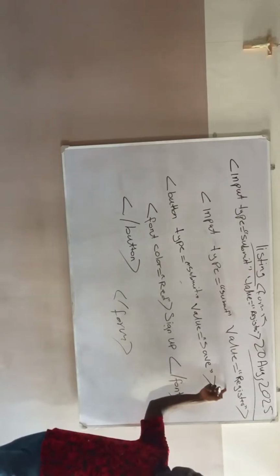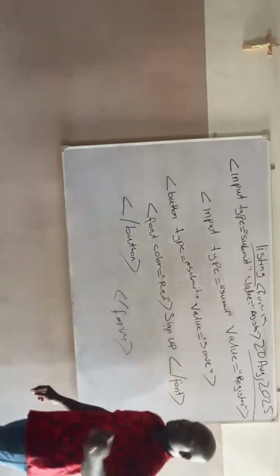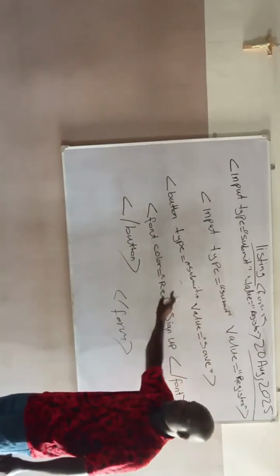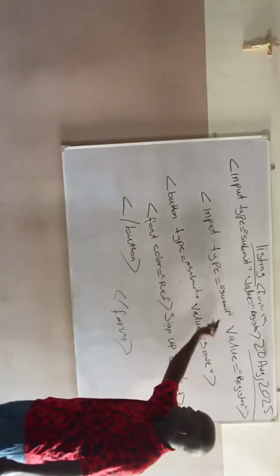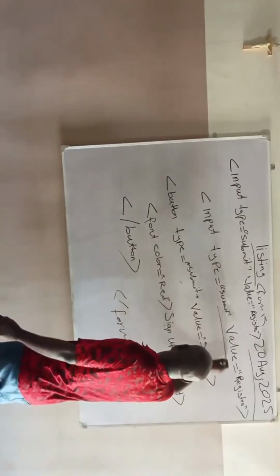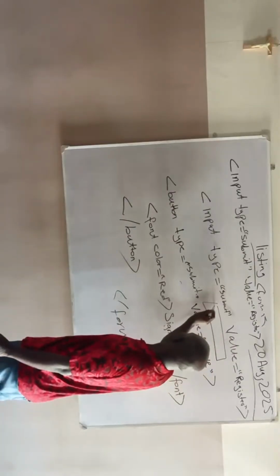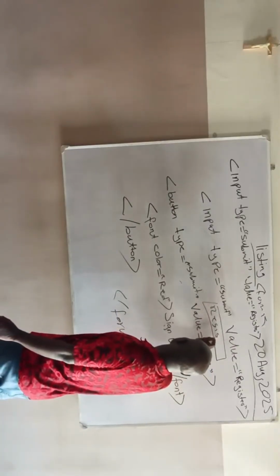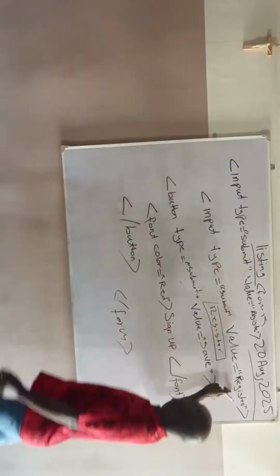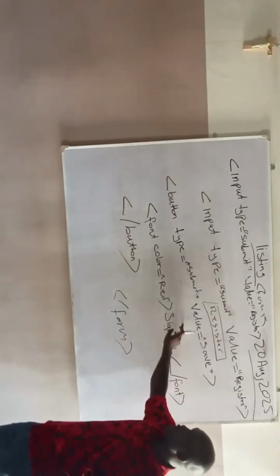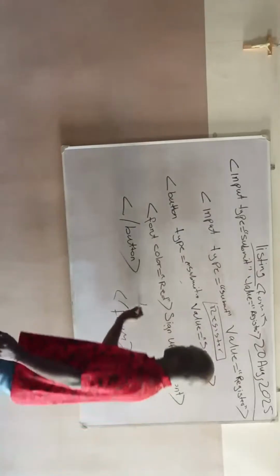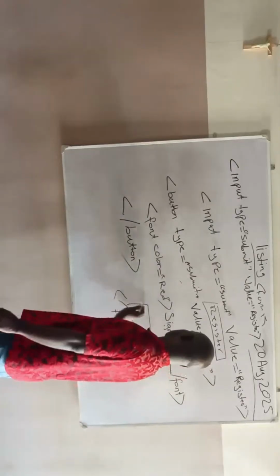And you see what is going to appear on the form. Now this is the difference. This form and this form are the same thing. Here, the button will appear like this: Register. On this one, the button will appear like this: Sign up.